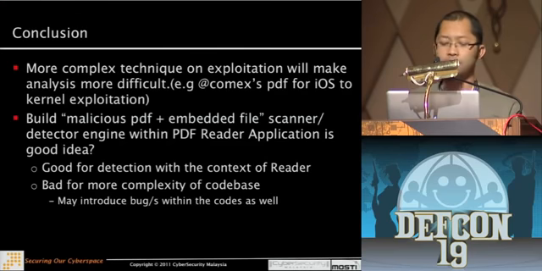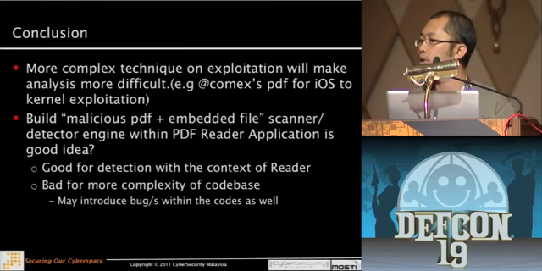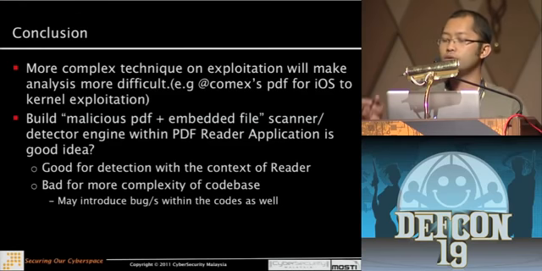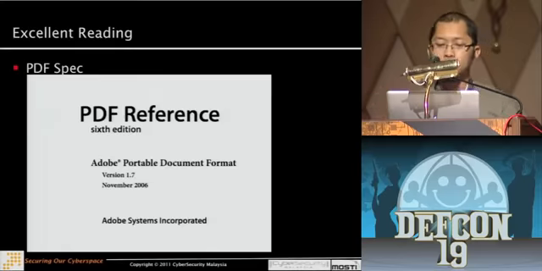But for some reason, I think it's also a bad idea. If you add another engine on top of it, you add complexity to the code base, which also means more bugs within the engine itself. It would be embarrassing to have the code that scans for malicious stuff also be vulnerable to bugs, all right? So pretty much that's the conclusion.